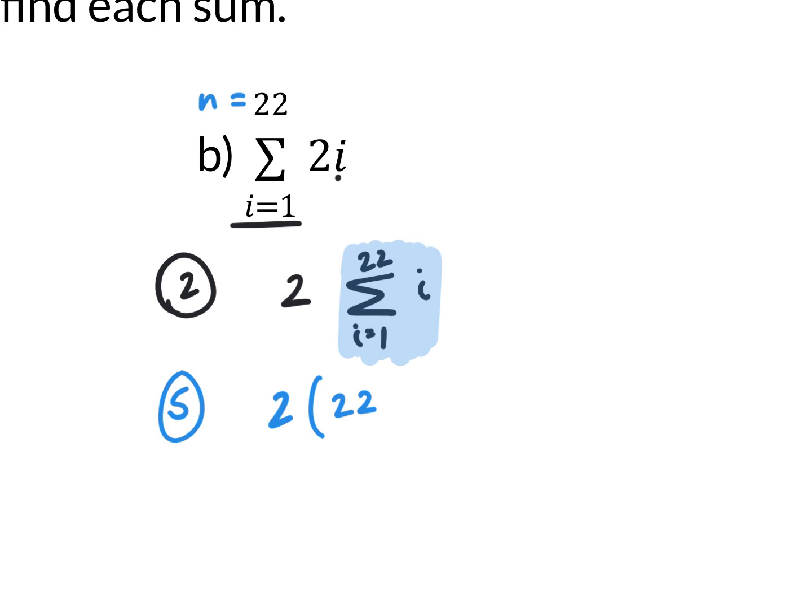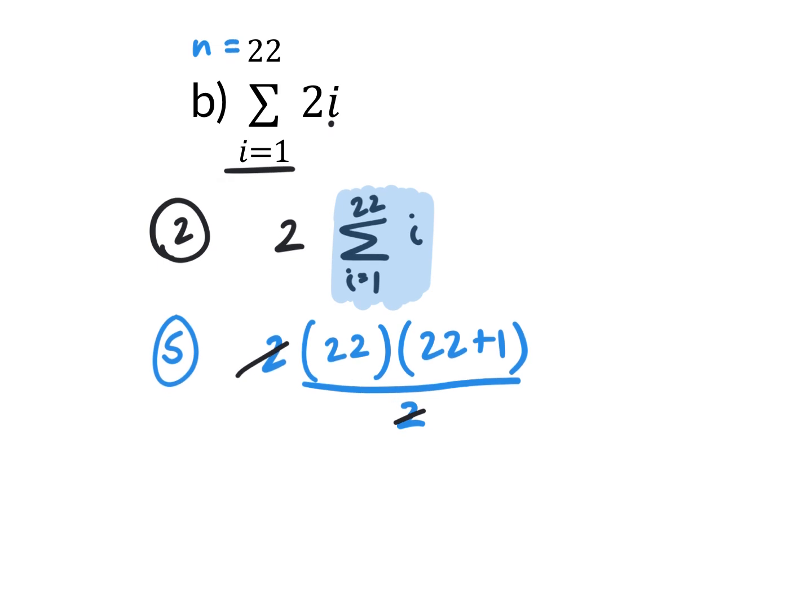So I've got times 22 times 22 plus 1, because it's n plus 1, and then divided by 2. That is from my formula up above. So now I can simplify this. Those 2's go away, and I'm left with 22 times 23, which ends up giving me 506.